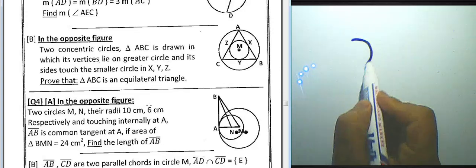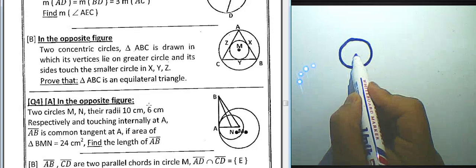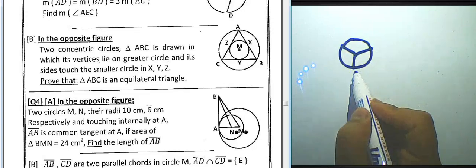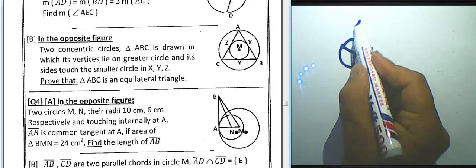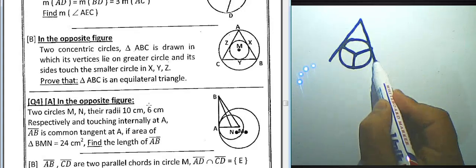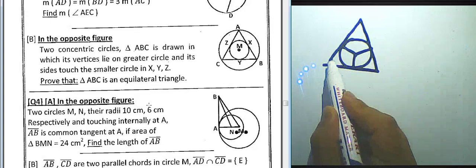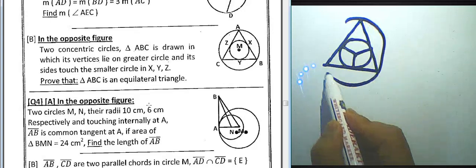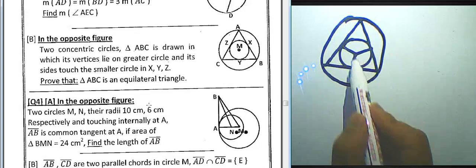And we know if all sides are equal in distance from the center in any triangle, then all chords will be equal in length in the greater circle. We have a circle here and we have the center of the circle.